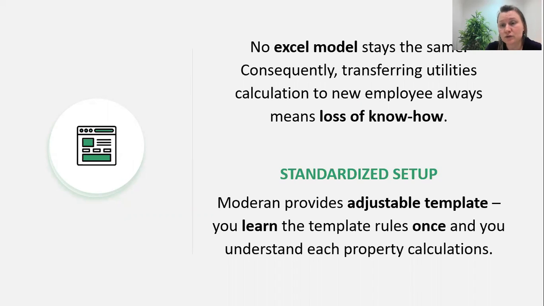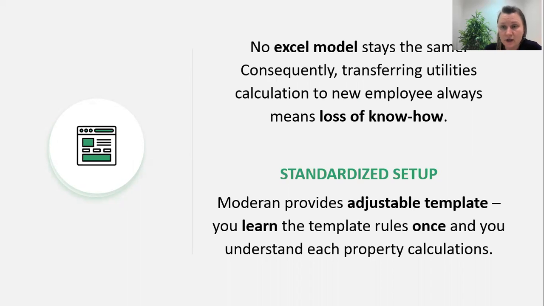And this automatically means that there's less transparency, especially if we talk about the properties and the tenant right to actually request the landlord to present the evidence that the calculations have been done correctly for the past years. Now, how we help in this regard is that Moderan provides a standardized setup template.